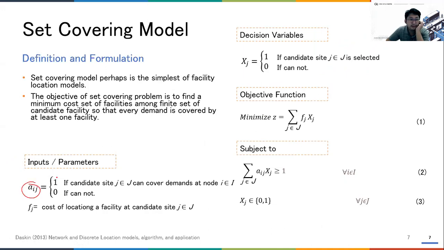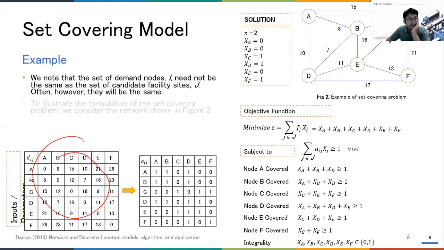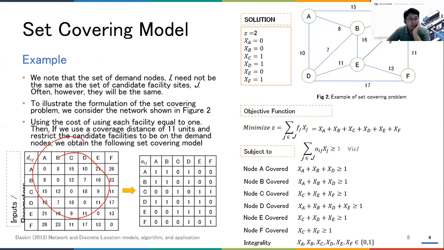If it is 1, it means that the particular facility will cover that demand node i. If not, it means it is out of the coverage distance. So you need to know the coverage distance for your particular problem. Here, let's say we define it as 11 units.